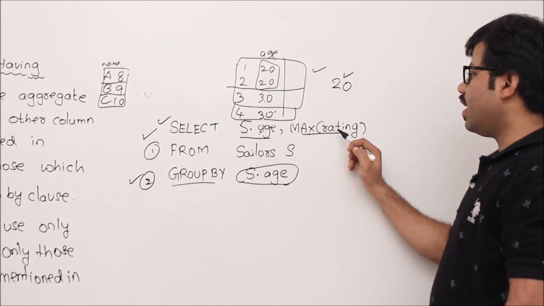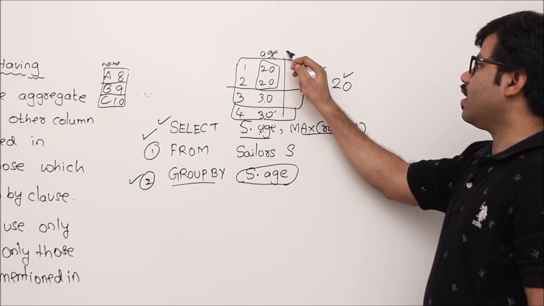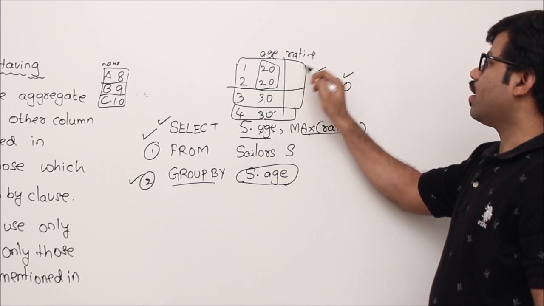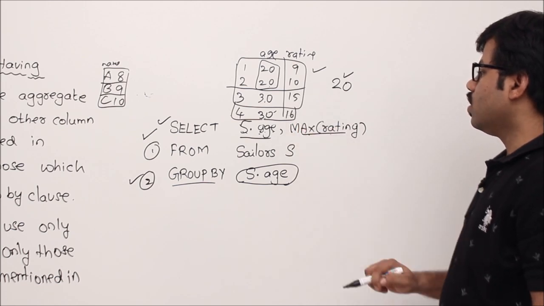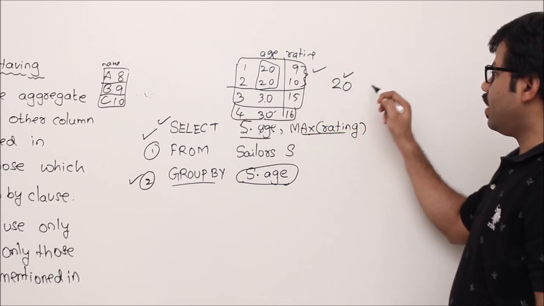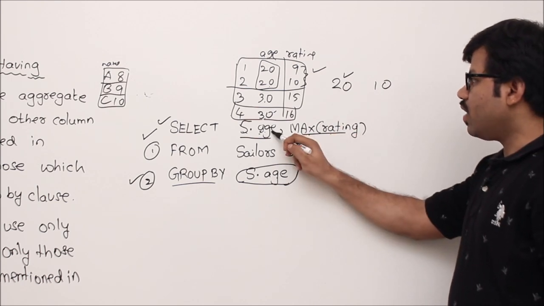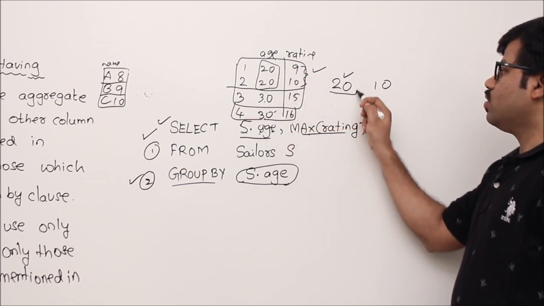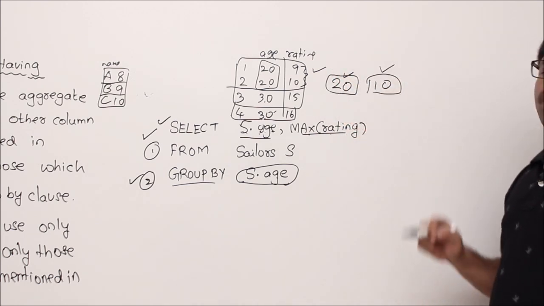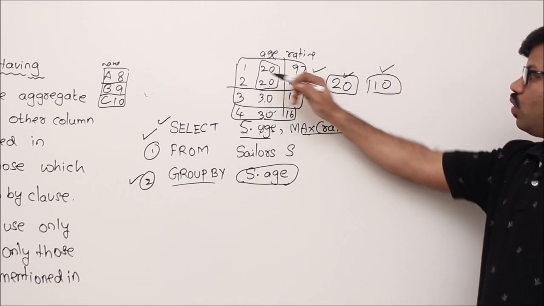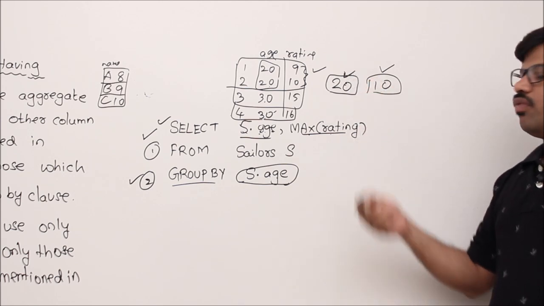Then what is max rating in this group? Let's say rating fields are like 9, 10 and 15, 16 or something. So max rating of this group is 10. What is age for this group? 20. So both are meaningful, because max rating is meaningful, and for this group, writing the group name is obviously meaningful.